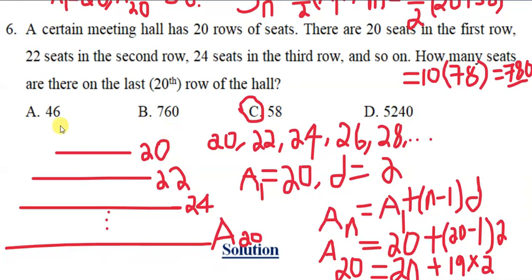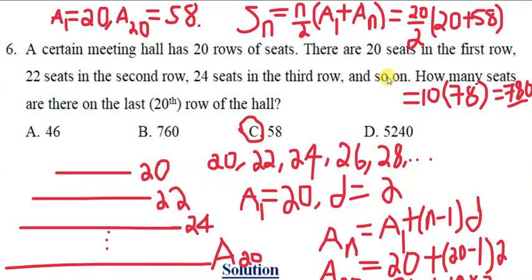But in case we are asked to find the total number of seats, then we must apply the sum here, as you can see. Okay, now let us turn to question number 7.